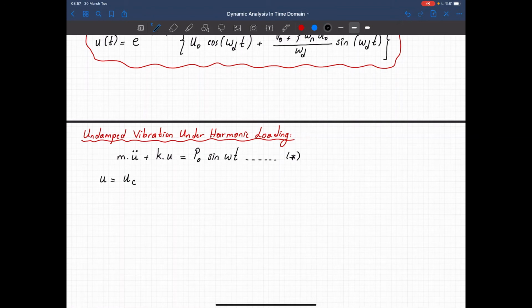One of them is the uc, the complementary solution. It's the case when there is no loading: m times u double dot plus k times u equal to 0. That's our complementary solution, plus the particular solution.